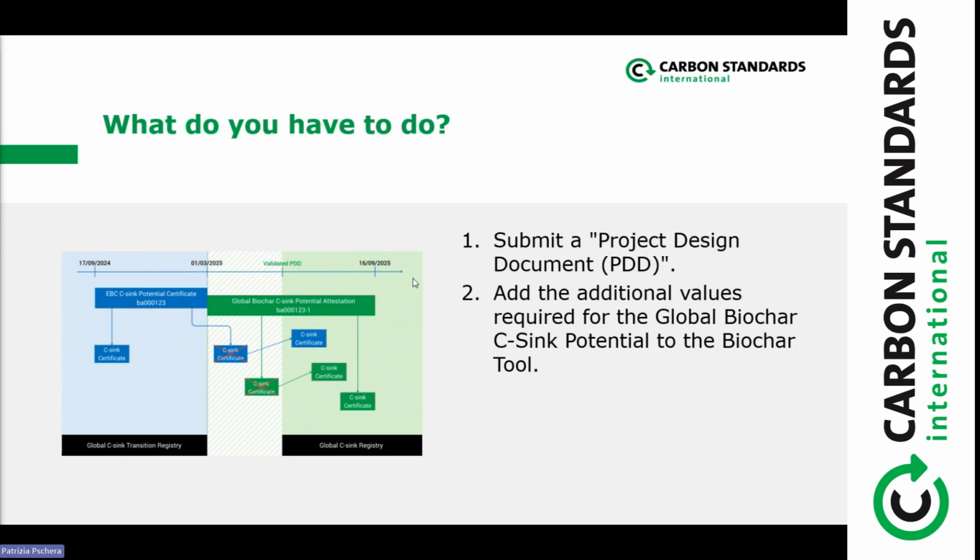So what you have to do now is to submit the project design document in order to fulfill the requirements of the Global Biochar C Sink and of the Global C Sink registry, where we need public documentation, and you have to add additional values after we contact you that we opened the new batches, because the Global Biochar C Sink potential attestation needs additional data, for example, to calculate the energy efficiency, or yeah, that's the main additional points.